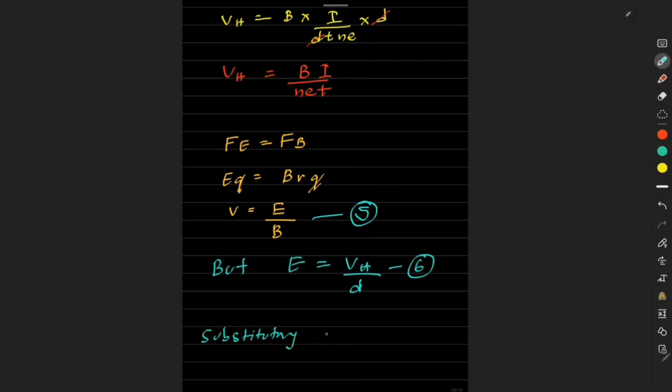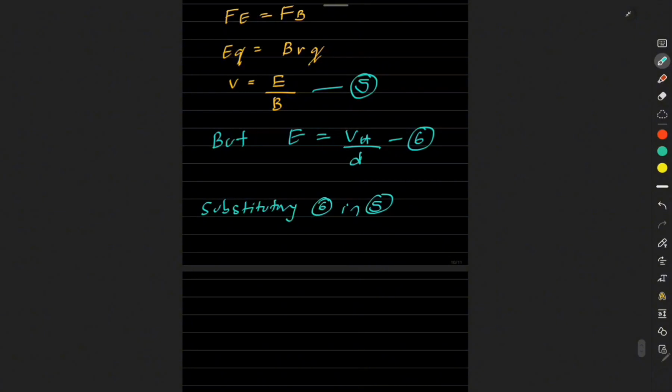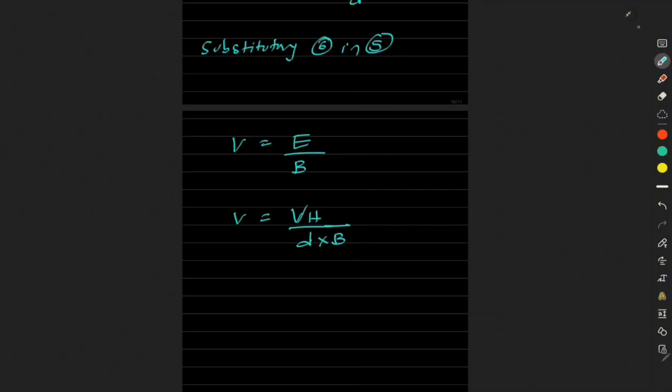Substituting number 6 in number 5, v equals E over B, and v equals VH over T divided by B, so the velocity is VH over B T. This is the equation.